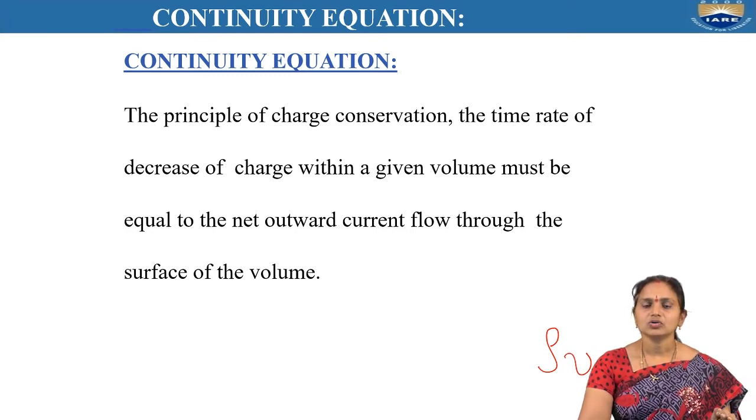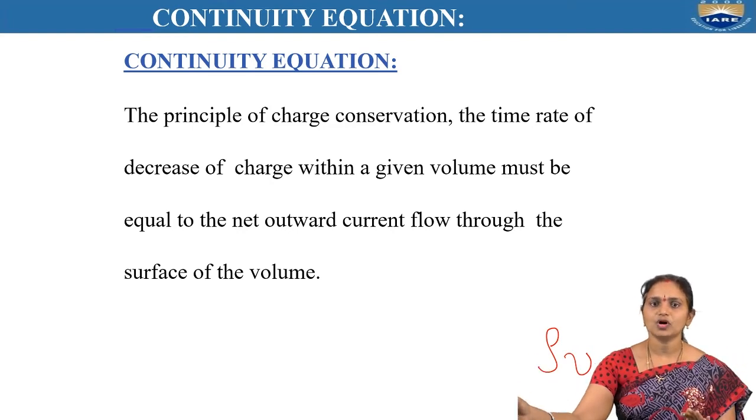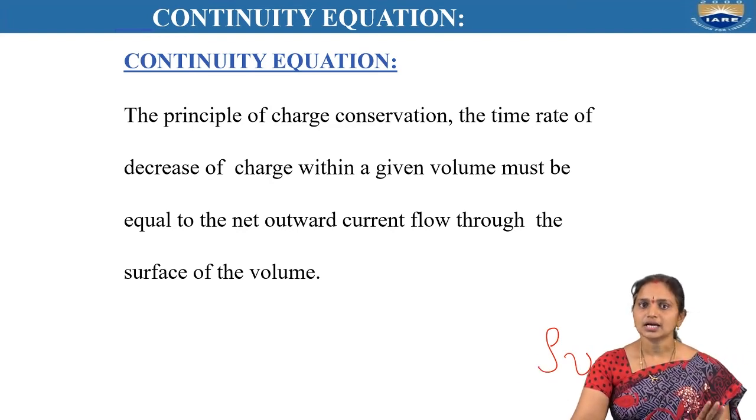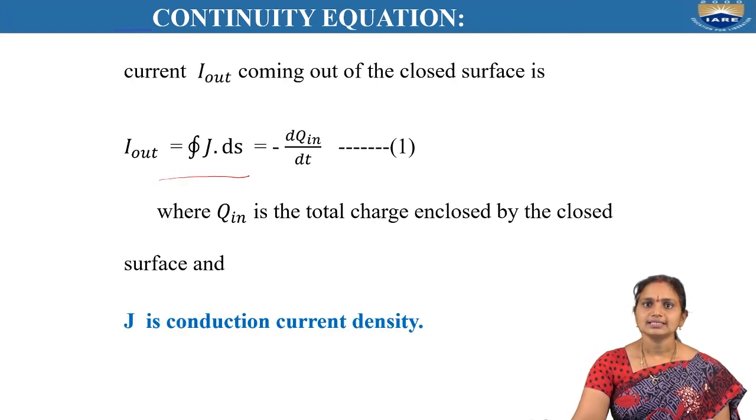Within the given volume, the form of energy is charge, and out of the body, the energy is current. That is represented mathematically as I out, the net outward current, equal to minus d by dt of Q in.